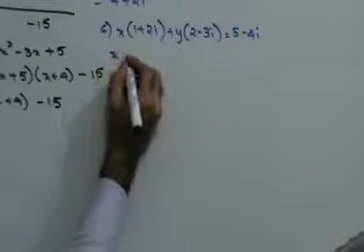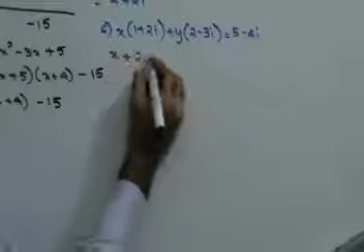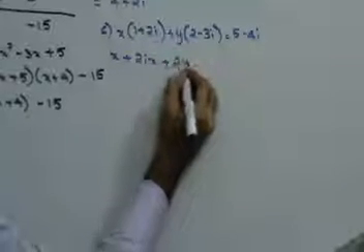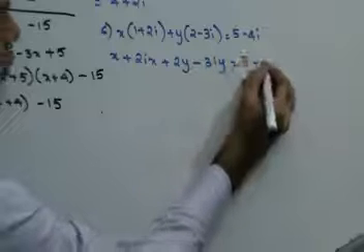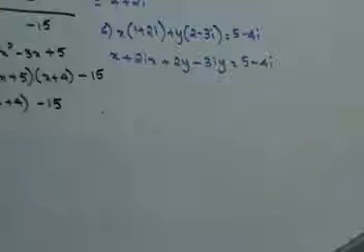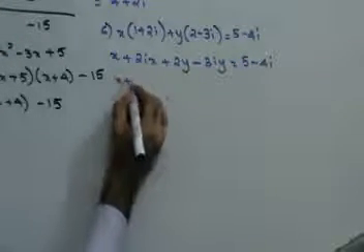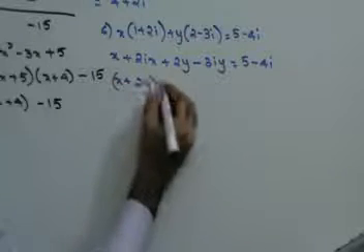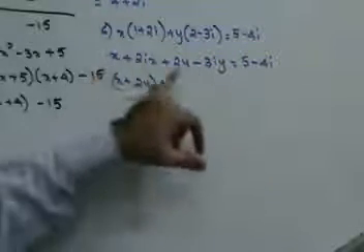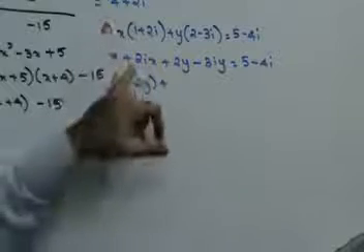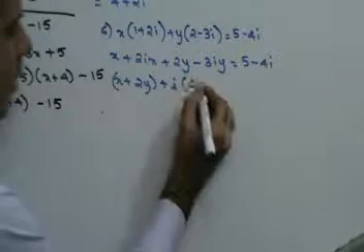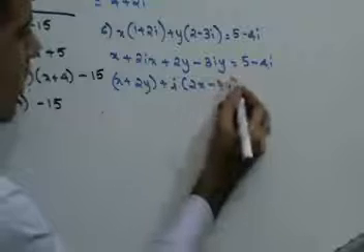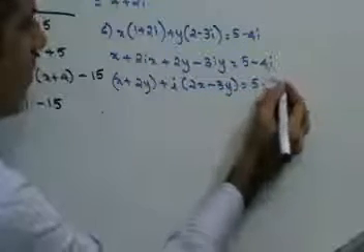If I open the brackets, this will be x plus 2ix plus 2y minus 3iy is 5 minus 4i. This can be written as x plus 2y. I'm writing the non-I terms together. Now I'll write the I terms together. I'll take I common. This is 2x minus 3y is 5 minus 4i.